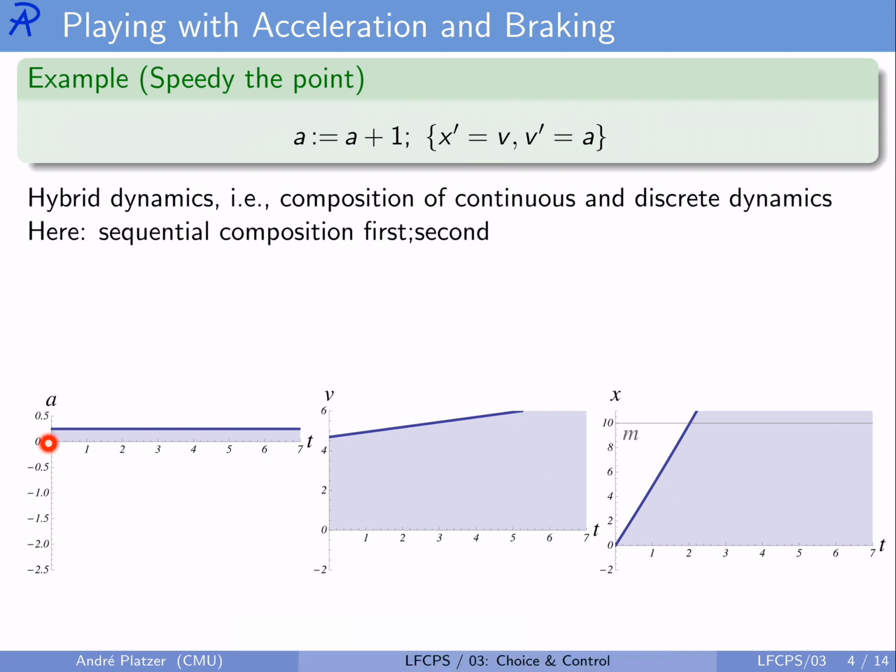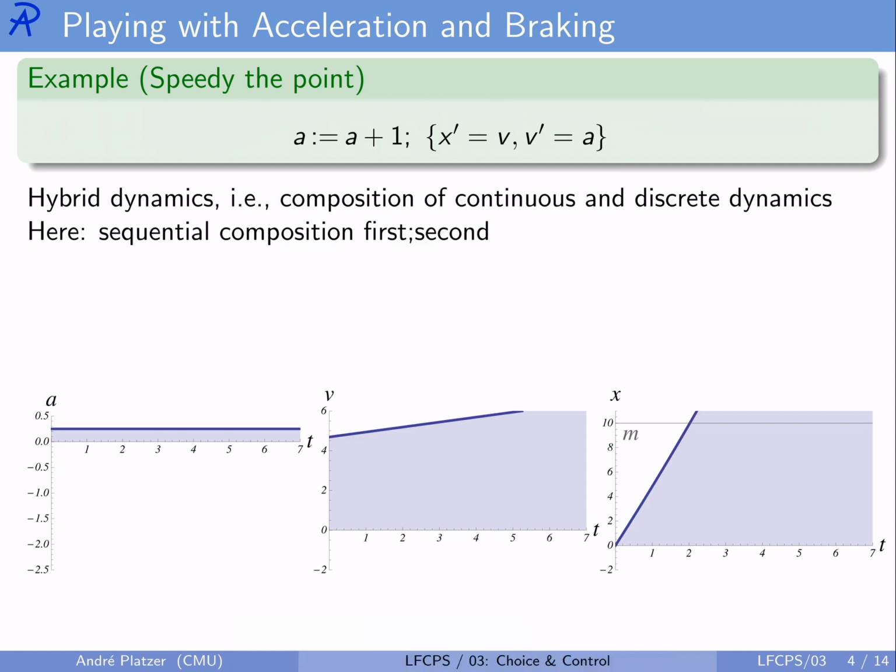For example, that will increase the acceleration to some value. Then we'll keep on increasing the velocity, which will again keep on increasing the position. In fact, in a bit of a slanted way, but that's almost impossible to see in this particular picture. In other words, be careful with pictures.